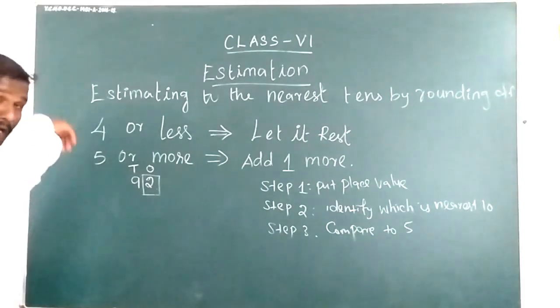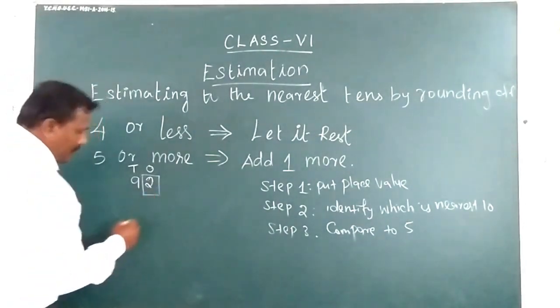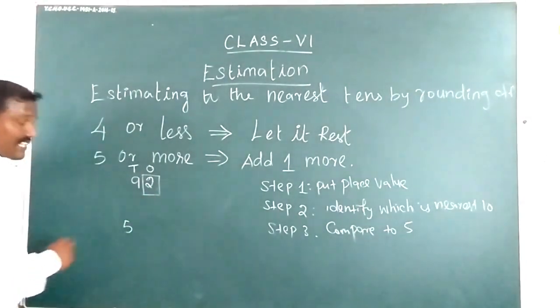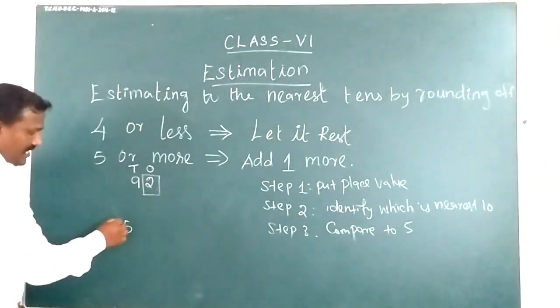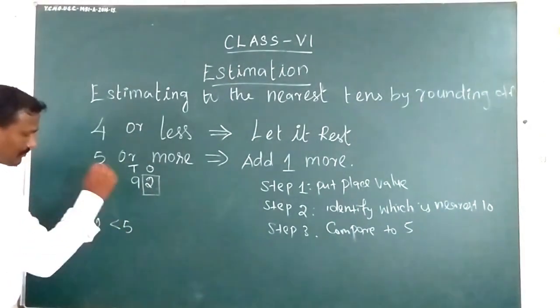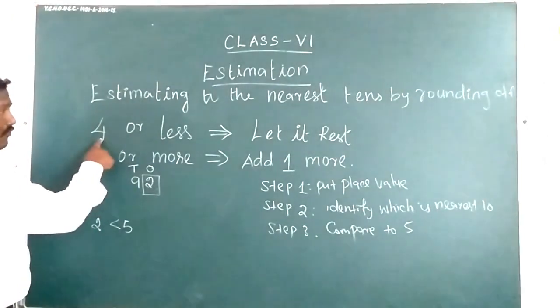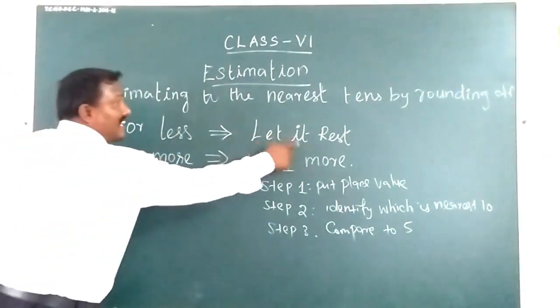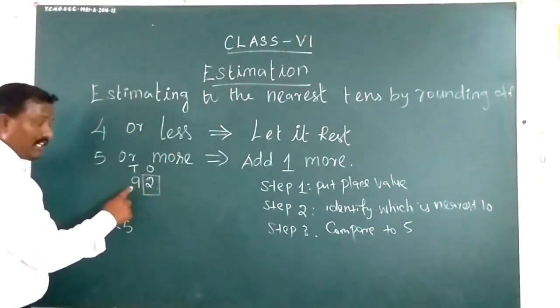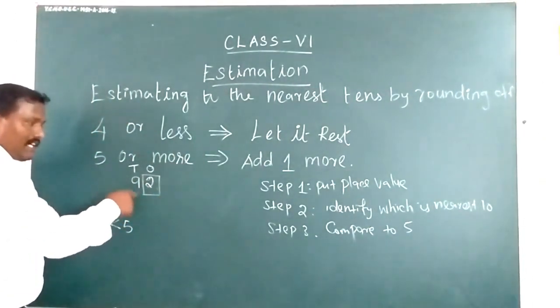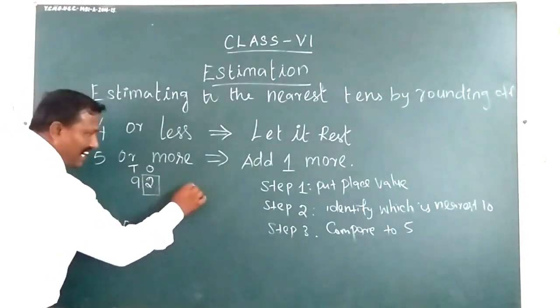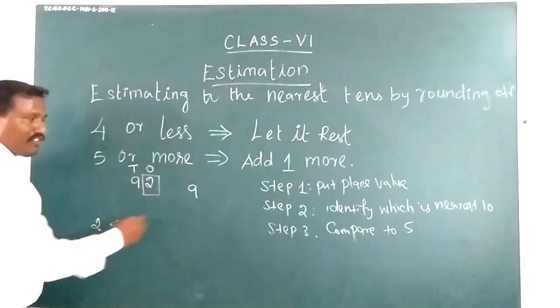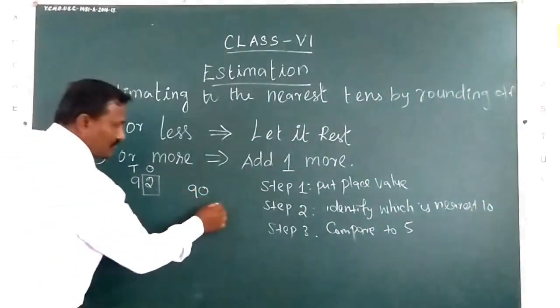Third step, compare the ones digit to 5. Is it greater than 5 or less than 5? It is less than 5. So the first rule applies: 4 or less, let it rest. Keep the 9 as it is, but put 0 in the ones place. So this is the answer.